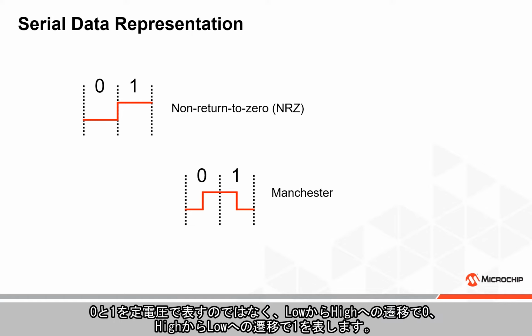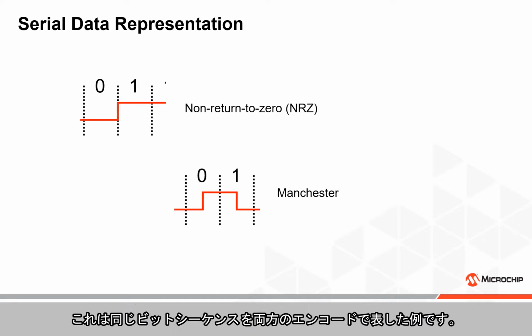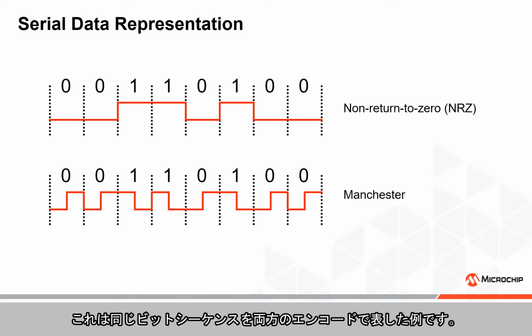Instead of representing zeros and ones as constant voltages, we use the transition from low to high voltage to represent 0 and the transition from high to low voltage to represent 1. Here is an example showing the same bit sequence represented in both encoding schemes.